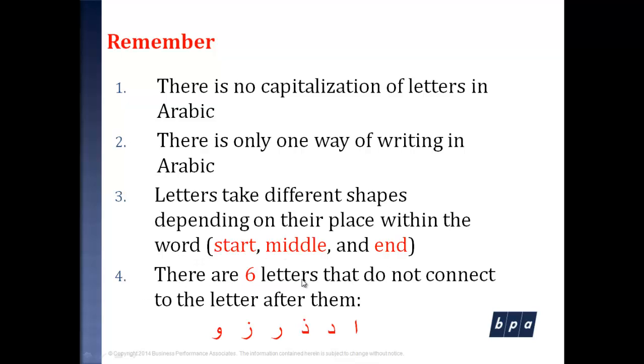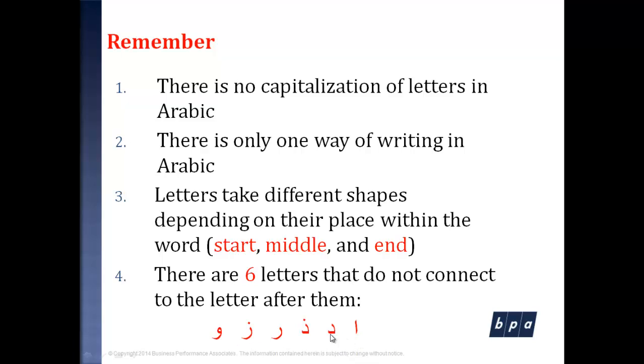There are 6 letters that do not connect to the letter after them. All the other letters connect with the letter before them and the letter after them. Those 6 letters are Alif, Dal, Dhal, Ra, Zai, and Waw.